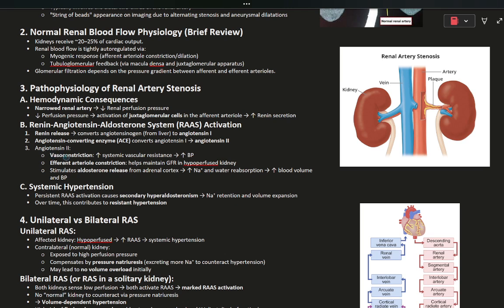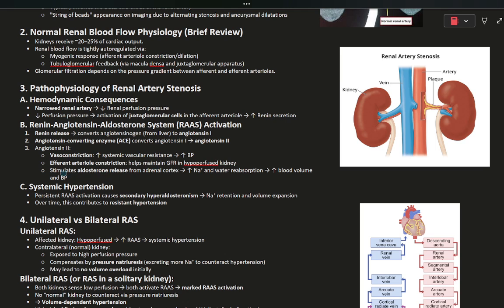The first one being vasoconstriction of the blood vessels, which means there's going to be increased systemic vascular resistance, thereby increasing the blood pressure. There is also going to be the constriction of the efferent arteriole. And so, this will normally help to maintain glomerular filtration rate in a hypoperfused kidney.